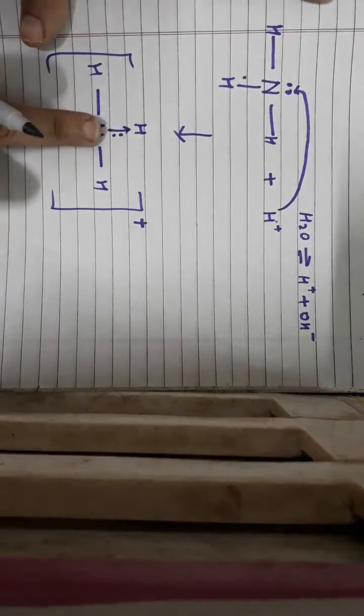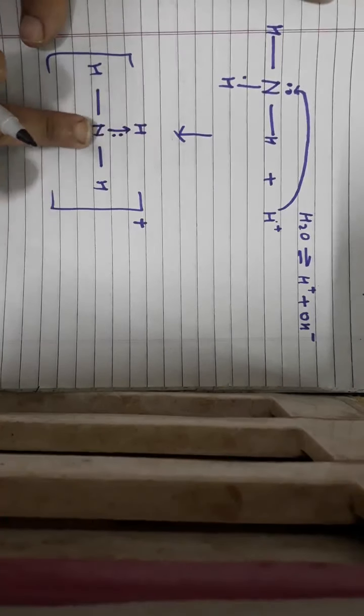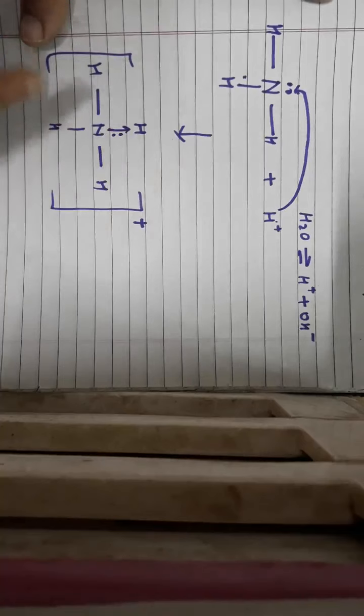Now this pair of electrons, which is only of nitrogen, is first given to hydrogen, but then it will remain shared. It is not that this pair of electrons gets transferred to hydrogen. If it were transferred, then in the valence shell of nitrogen there would again be a shortage of 2 electrons.